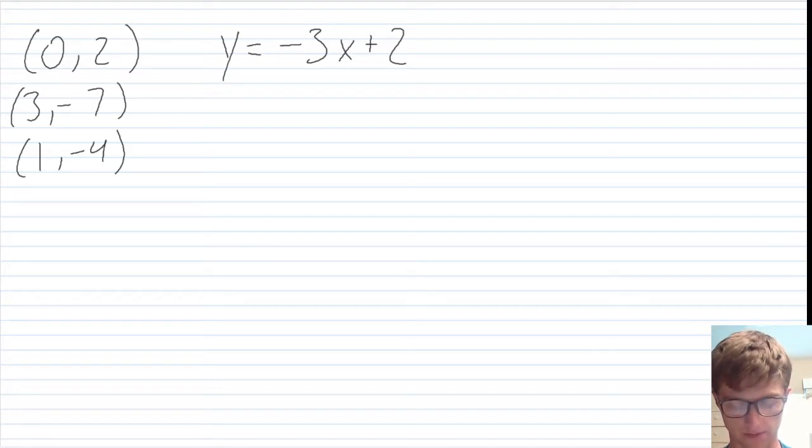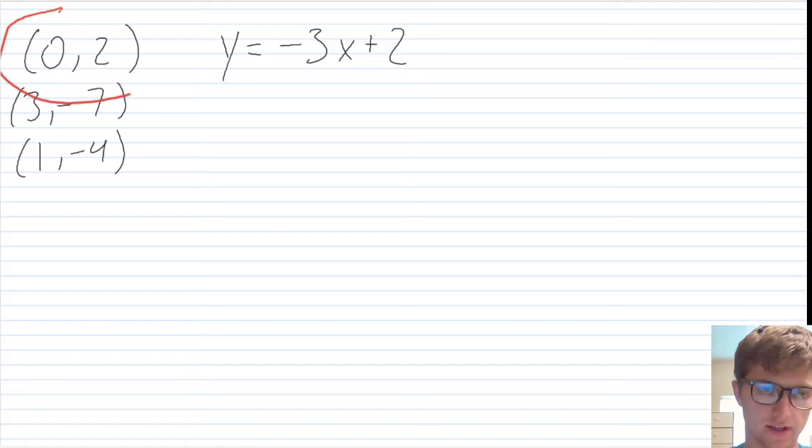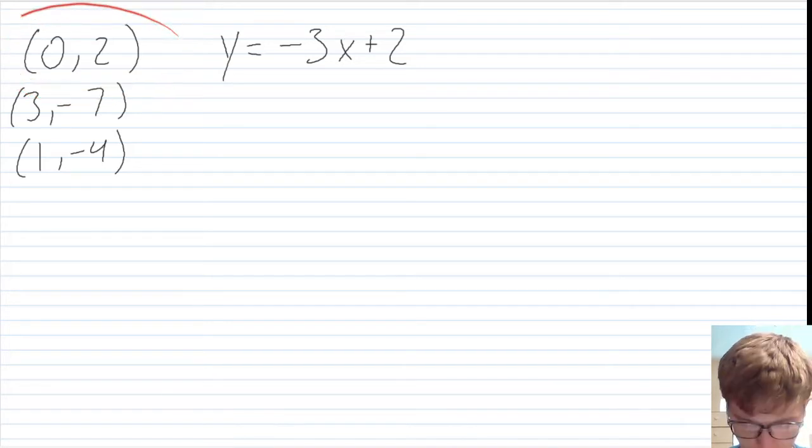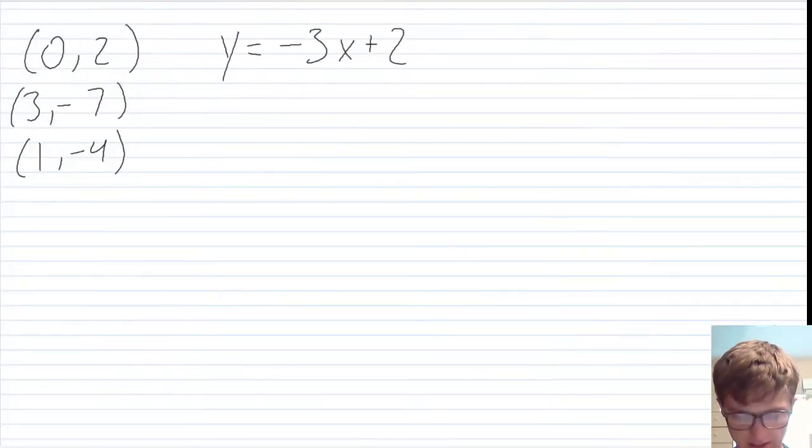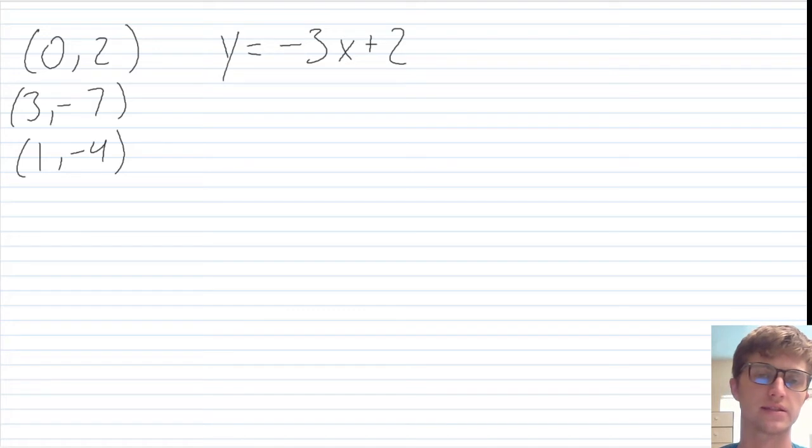Okay, so we have an equation, and it says determine if each point, each ordered pair, satisfies the equation. It's called a point because it represents a point on our graph. Satisfies means is the equation true?